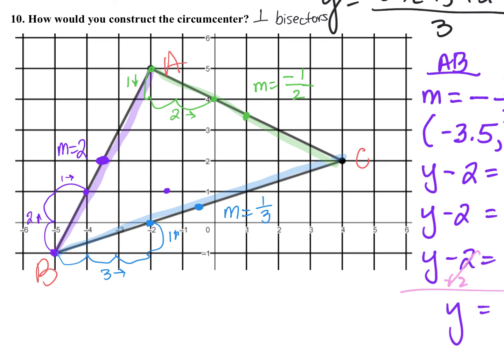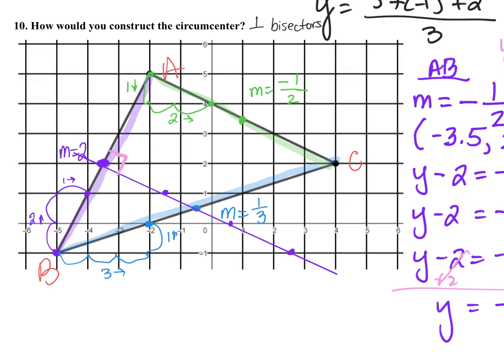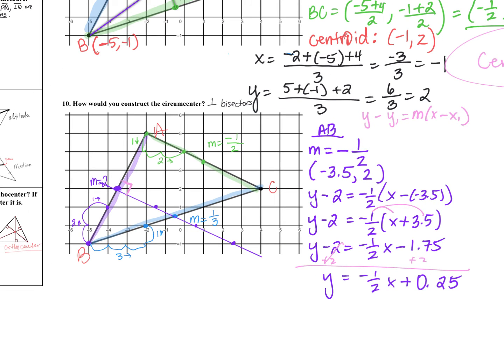Then I'm going to continue the pattern in order to draw my perpendicular bisector. Now let me connect the points here. That's the perpendicular bisector for AB, and I know it's 90 degrees because I wrote an equation in order to be 90 degrees.